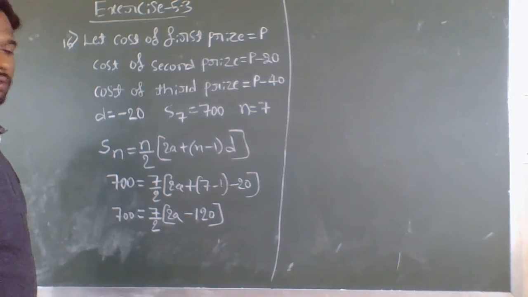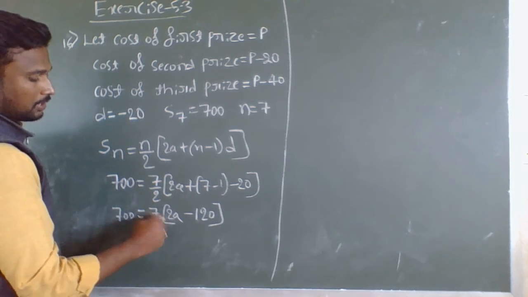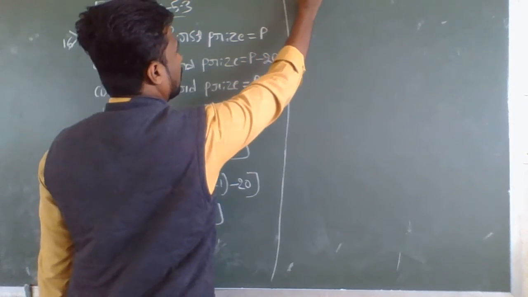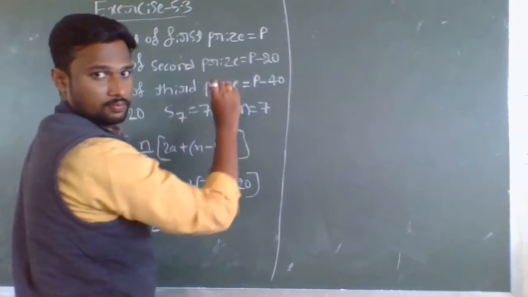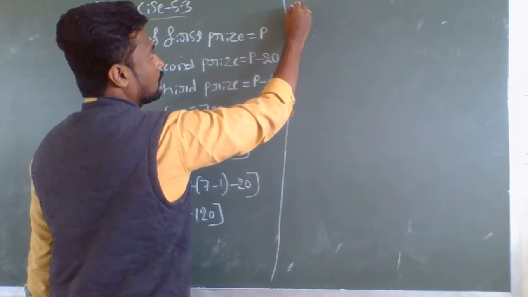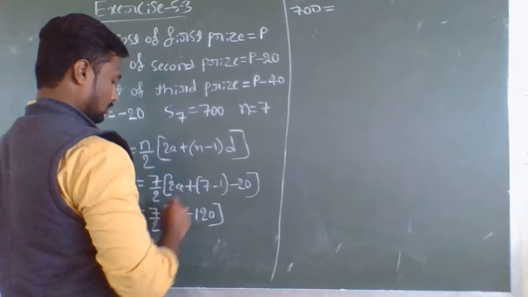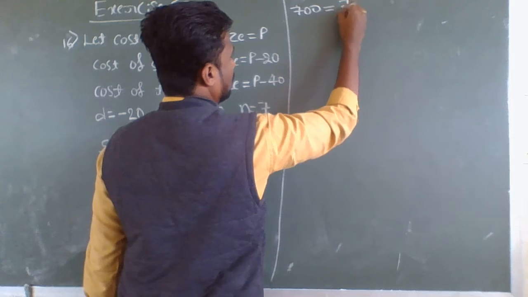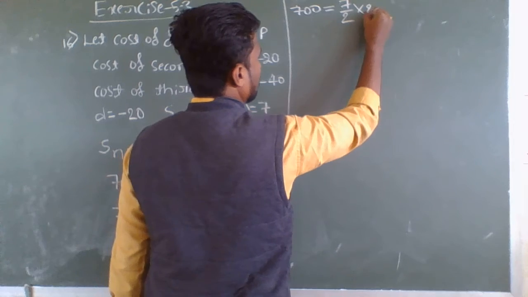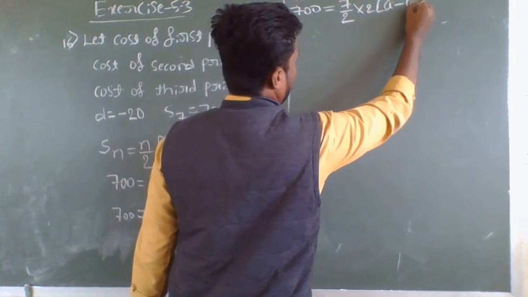Next step, here in 2a minus 120 we can take 2 as common. So I consider 2 as common, therefore 700 is equal to 7 by 2 into 2 times bracket a minus 60.